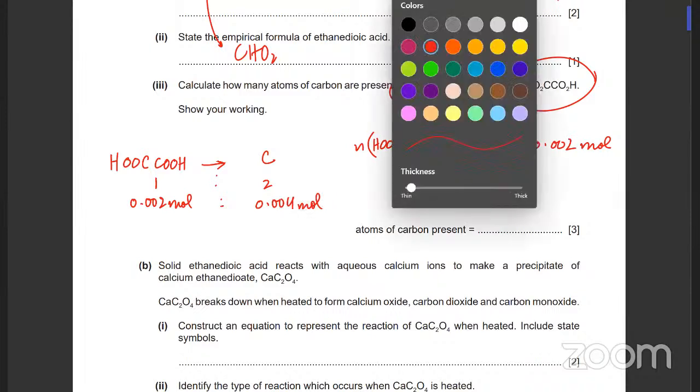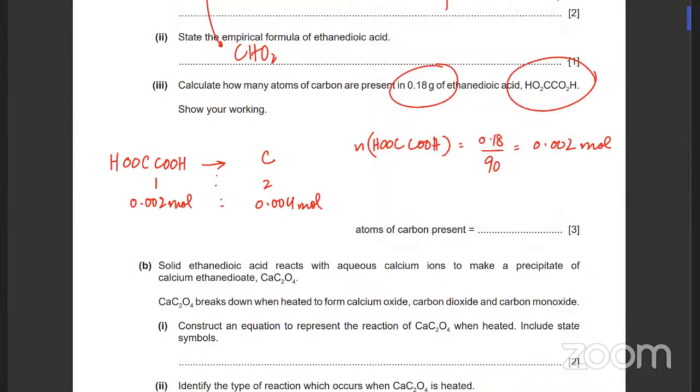And the final answer is, I think it should not be in moles because they're just asking for how many atoms. So you have to convert that into the actual number, which is if you just multiply it by Avogadro's number, that's going to be 0.602 times 10 power 23.